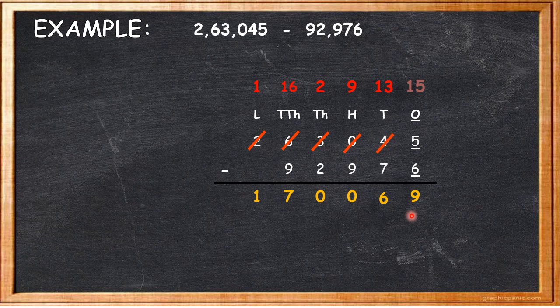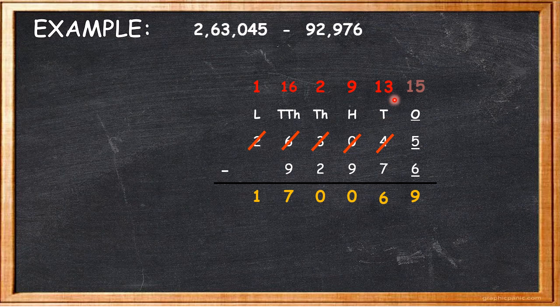Yes. Now come to the 10's column. After giving 1, it will become 3. And again 3 is smaller than 7, so 3 will take help from the 100's column. And 100 is having nothing to give, so 100 will go to the 1000's column. 1000 will help with 1000, and this 1000 will give 100 to the 10's column.